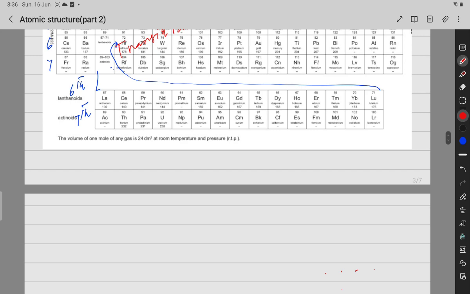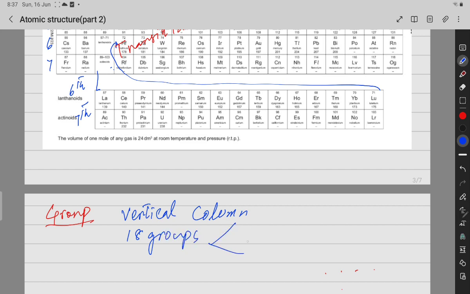Groups are vertical columns with a group number, and there are a total of 18 groups: eight groups for normal elements and 10 groups for transition elements.